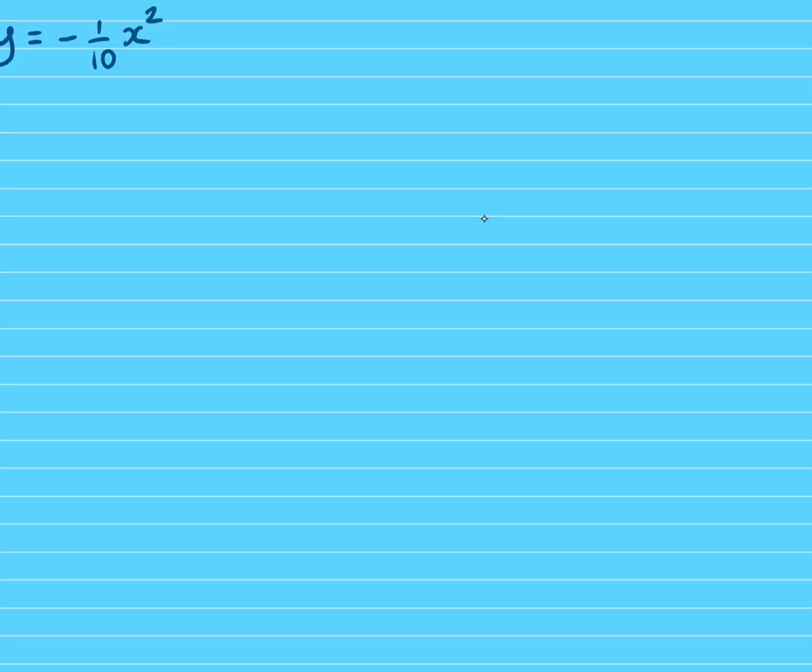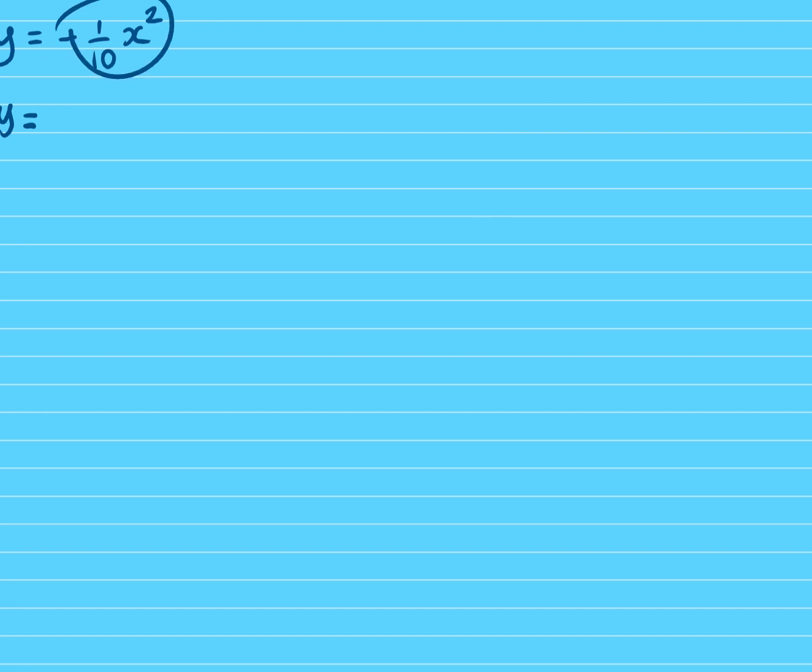We go to the next example, and this particular one, it might be good to look at what the parent function looks like. What we call the parent function is just the most basic category of this function where no transformation has been put into it.